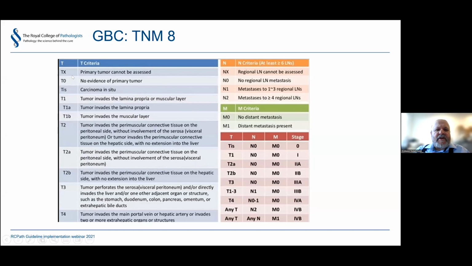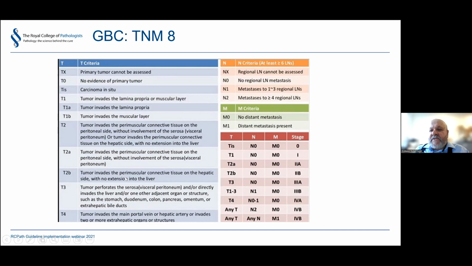So some of the changes are mild, but the ones I want to really highlight are here, T2a and T2b. These are tumors which invade the connective tissue, don't go through the muscle, but they're divided now into those which involve the serosa, the visceral peritoneum, and those which invade into the liver.